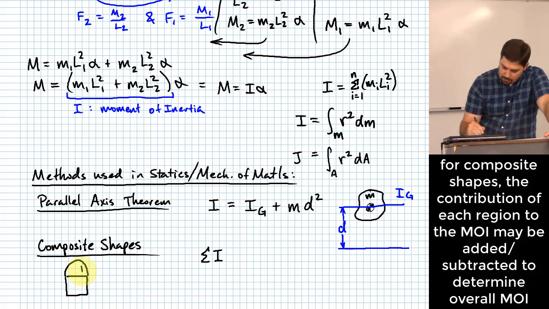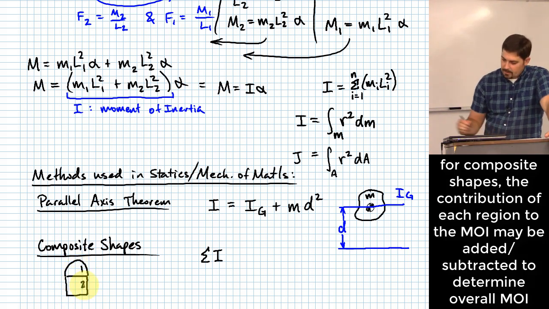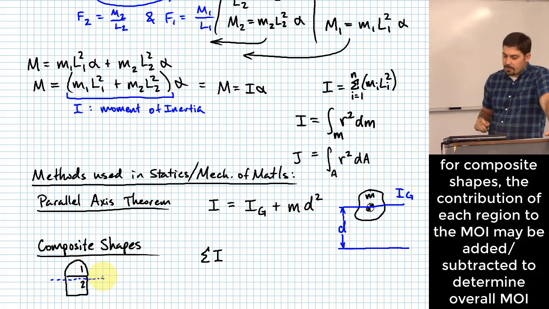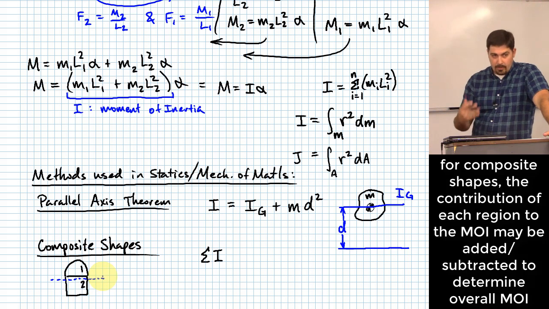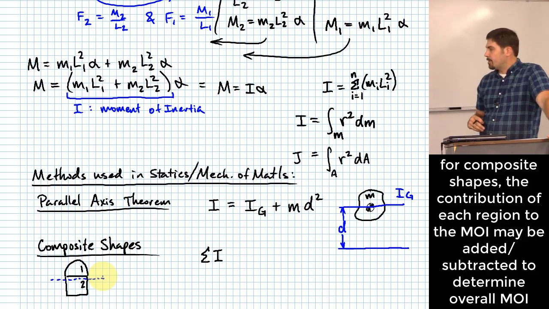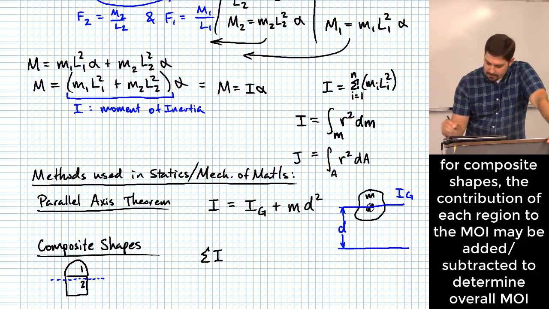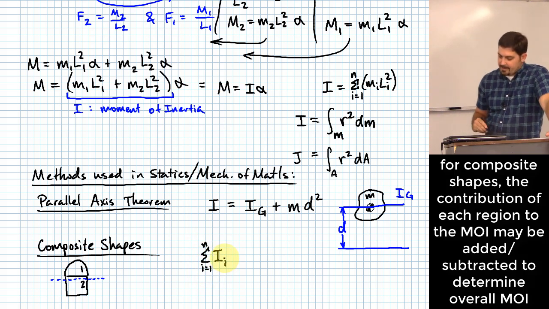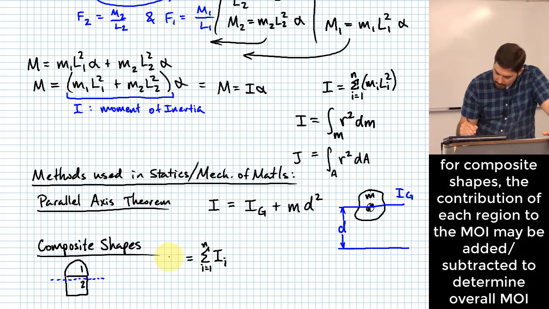So you have shape 1, shape 2. There's some axis that represents a center of gravity. You have to figure out what moment of inertia each of those shapes contributes to the overall. So I would just say it like this: I = the sum from i equals 1 to n of I_i, and this gives you an overall moment of inertia about an overall center of gravity.